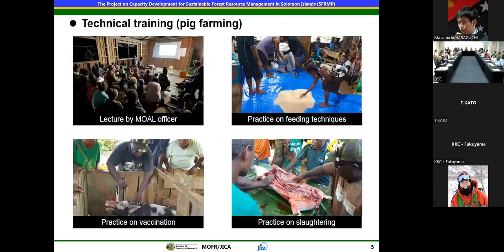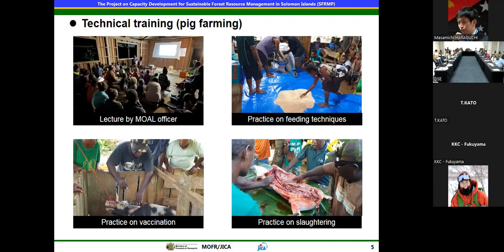In the technical training, as you can see at the top right, that is in Falake, where a Ministry of Agriculture and Livestock officer conducted a lecture. Then you can see a practice on feeding techniques and mixing. They practiced how to mix pig feed made out of three things: meal run, fish meal, and a third one, I think.